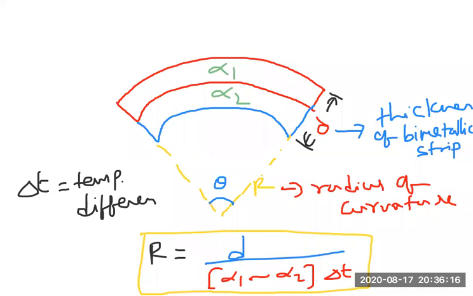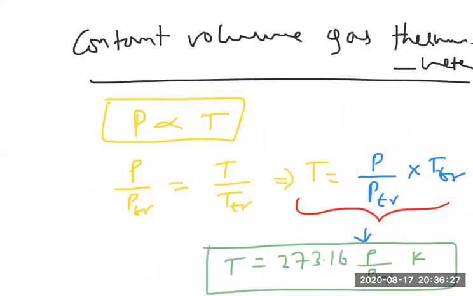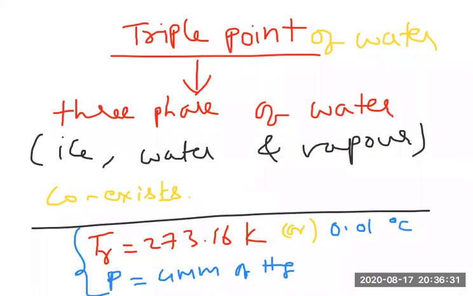In today's class we discussed thermometers and again the bimetallic strip. One thing I also noted here is the triple point. Triple point means three phases of water, ice, water and vapor, coexist at a time. It is not possible in all conditions, only at the triple point temperature and pressure.